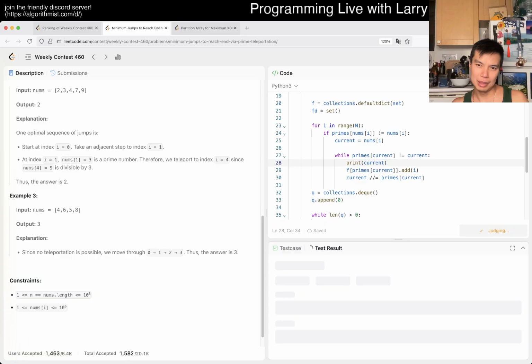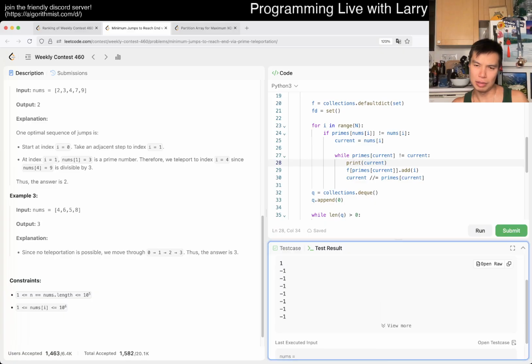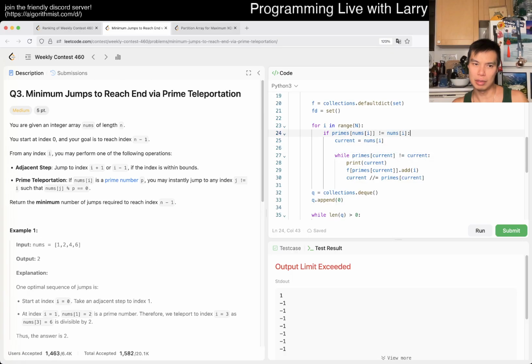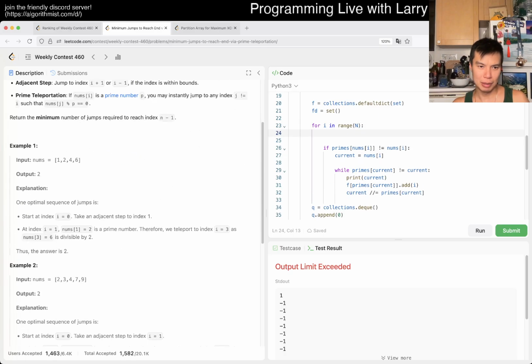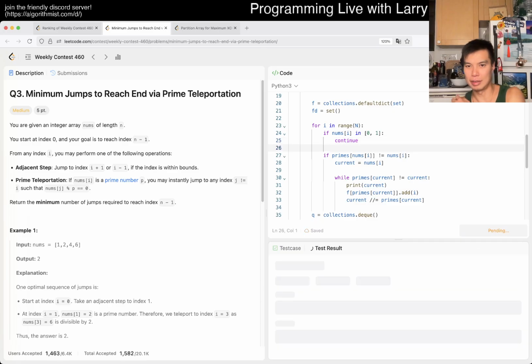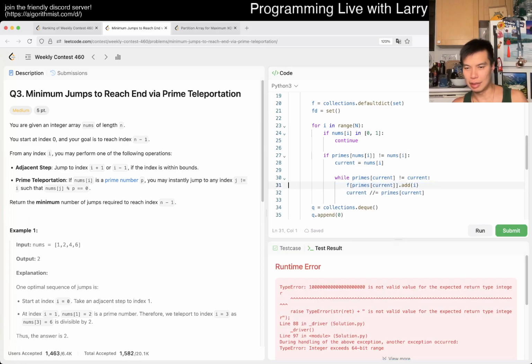Output limited, please. Oh, -1. Oh, because you go to 1 and then -1. Okay, this is awkward. It's 0, possible input. 0 is not possible. At least they caught it for me. It'd be really sad if we did it later.